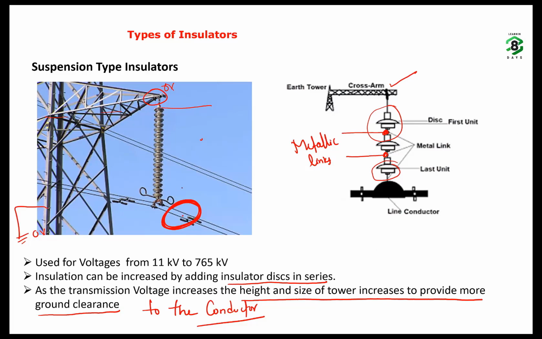So if lightning occurs during rainy season or stormy weather, first this lightning impact is attracted by this iron before the conductor. So this arrangement partially protects the conductor from the lightning. Why? Because the zero potential point is present at a taller location than the conductor. So if lightning attacks, it will directly attack the tower instead of the conductor. That is the point.